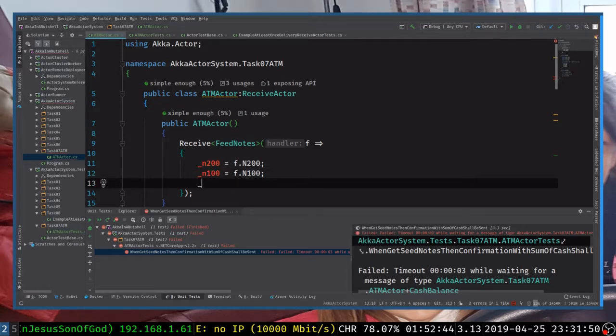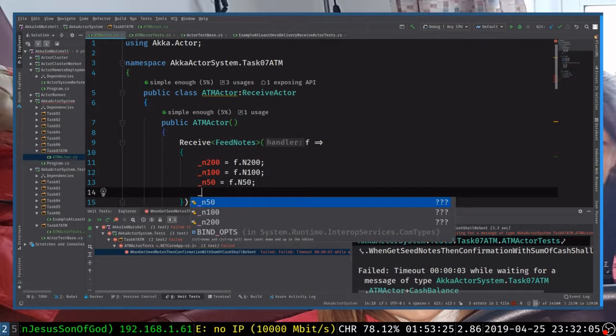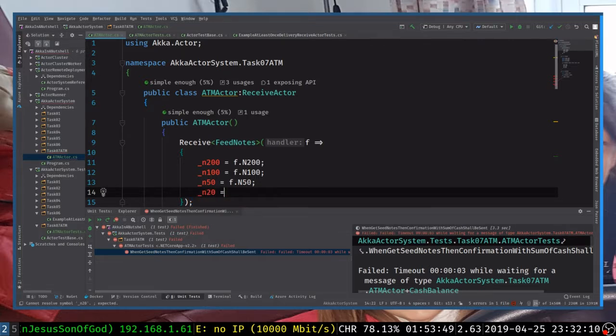And notes 50, feed notes 50. And finally notes 20 equals feed notes 20.